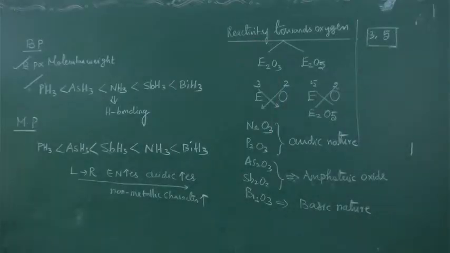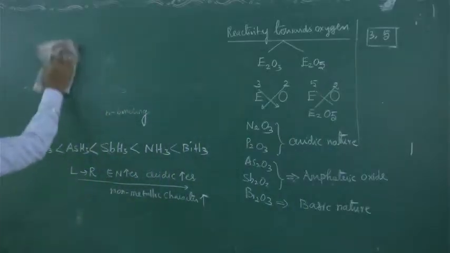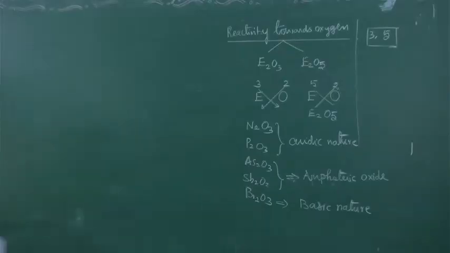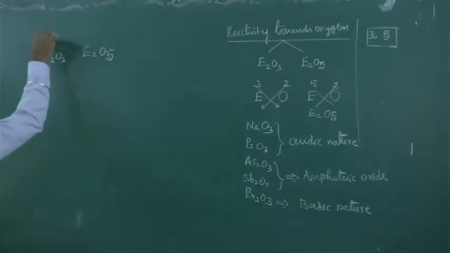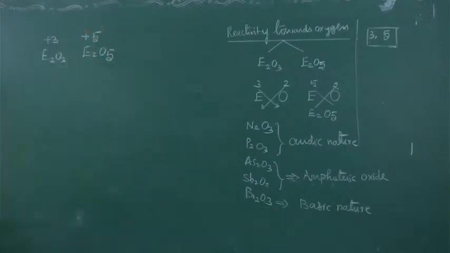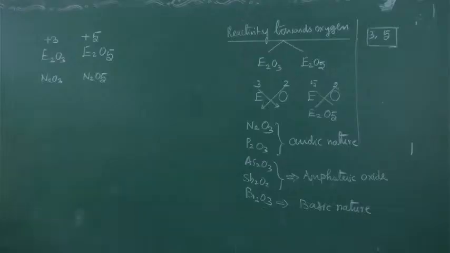Next, now compare N2O3 and N2O5. For example, take E2O3 and E2O5. There are two oxides where this one is plus 3 and this one is plus 5. Yes or no? Take N2O3 and N2O5 for comparison. In N2O3, N is plus 3, and in N2O5, N is plus 5.